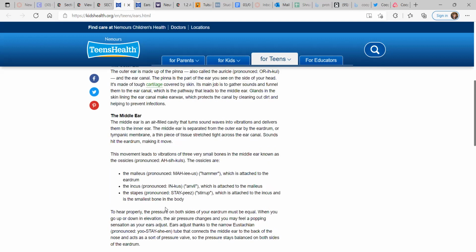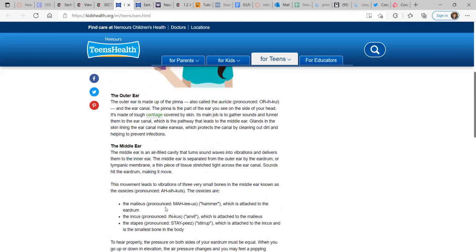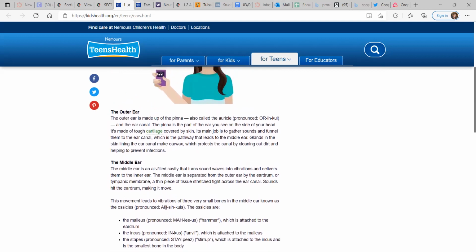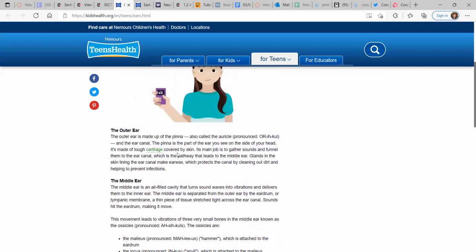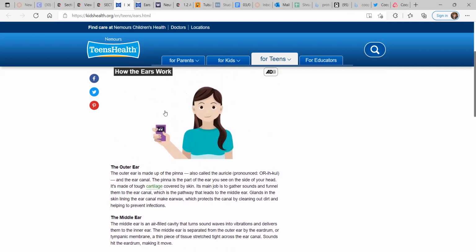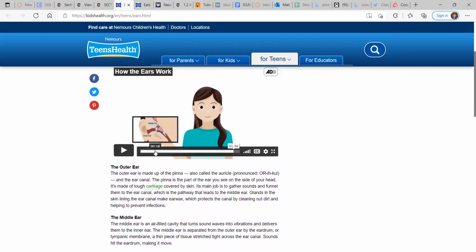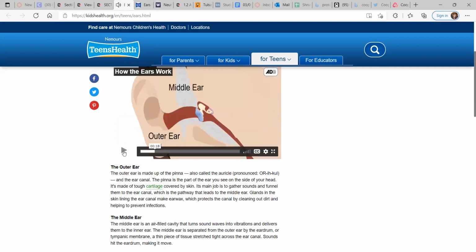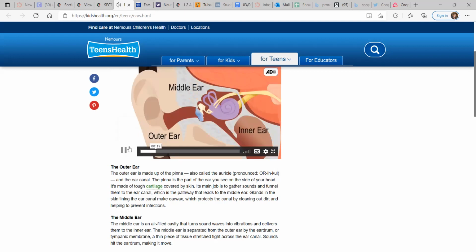Very cool. All right, so let's rewind. You have the outer ear made up of the pinna or the auricle and the ear canal. It takes those incoming sound waves and sends them into the middle ear. So we have the pinna, the auricle, and that goes into the middle ear.